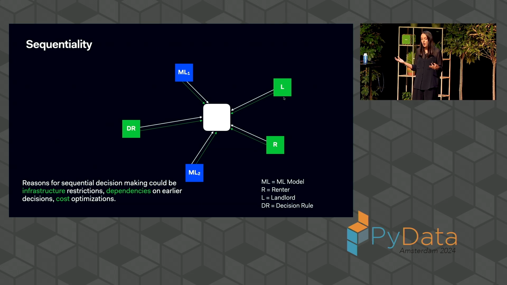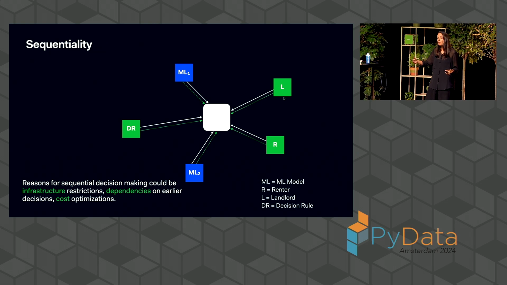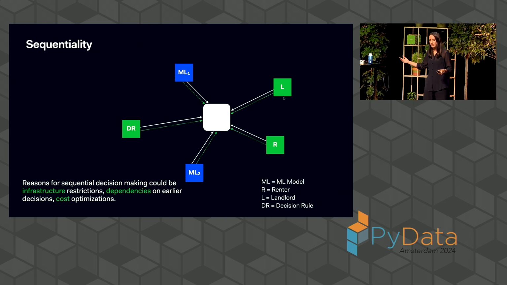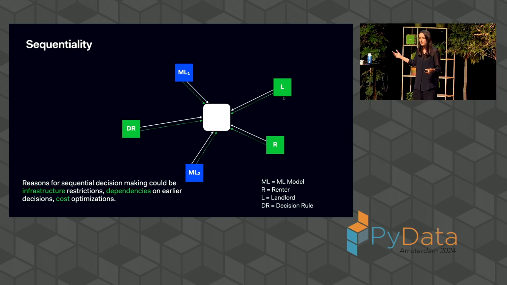And then on top, we could also have cost optimizations or cost reasons for making sequential decisions. For example, maybe I don't want to call a more costly optimization if it's not really necessary. So in our use case as well, I don't want to call machine learning model 2 and apply these more costly information sources if that optimization is not likely to be successful.